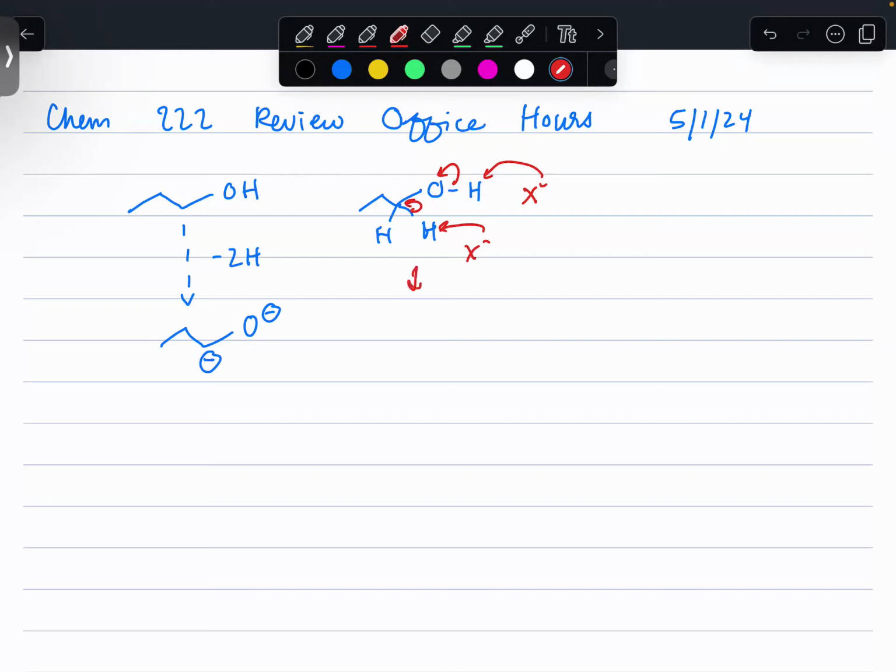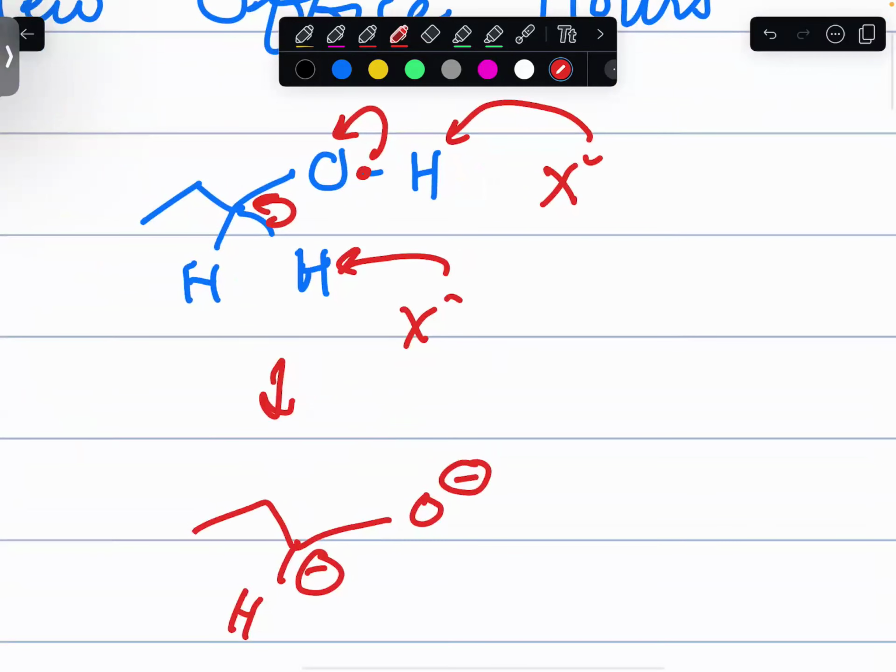So you get O minus, and you still have 1 proton here, but you also have a lone pair. Because when we draw out our bonds, we think of them as electrons. The proton doesn't keep any of those electrons. They both go back to the parent atom.